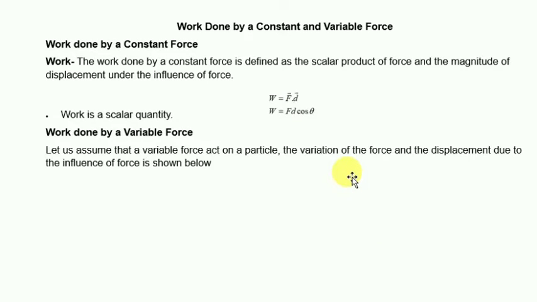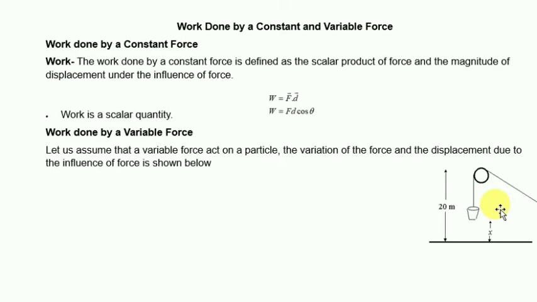The second is work done by a variable force. We will see one more example, which is of variable force. Let us assume that a variable force acts on a particle. The variation of force and the displacement due to the influence of force is shown in this figure.